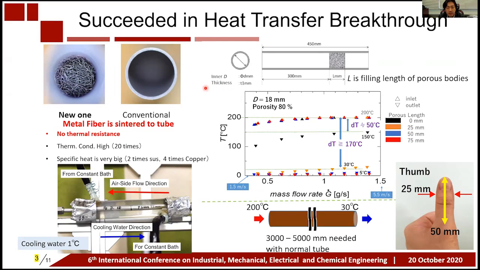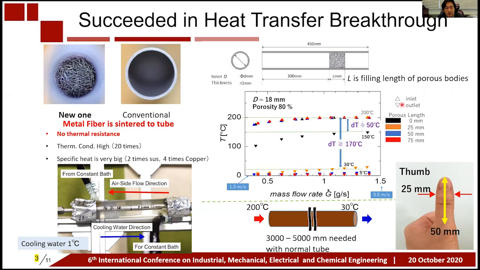Therefore, we have developed a new sintered aluminum heat transfer tube with a fiber made of the same aluminum. This figure shows the experiments with an inner diameter of 18 millimeter, and the porosity is 80% with dry air.